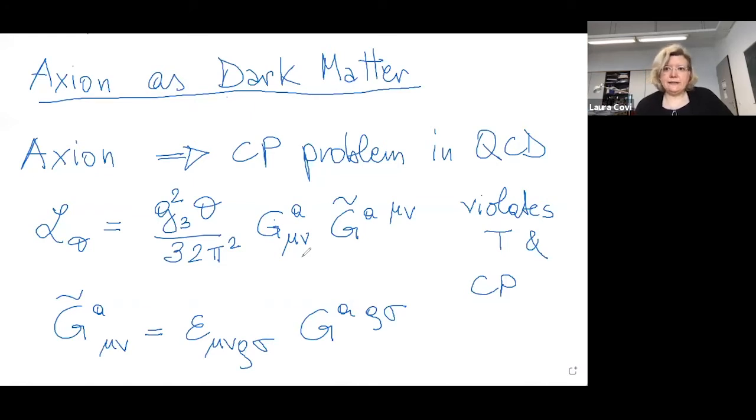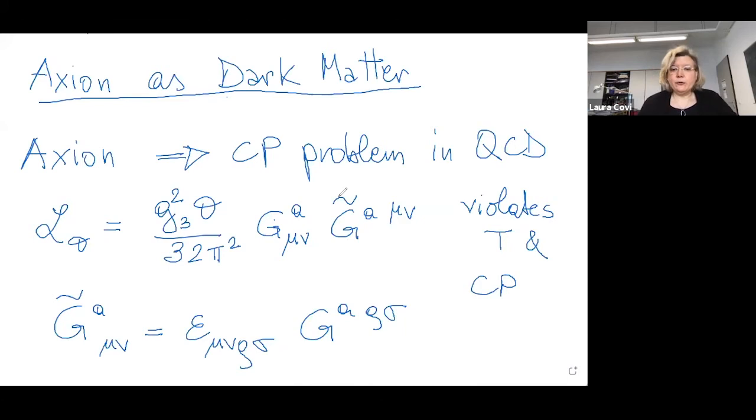And you know that the electric field and magnetic field have different properties under a parity transformation. So it also breaks parity and therefore CP. Okay, so I hope this is pretty clear to everybody.